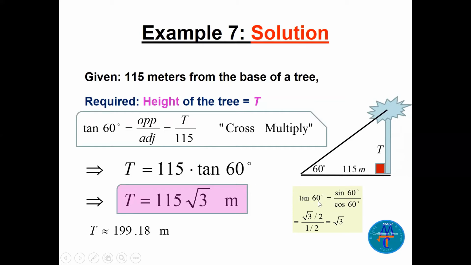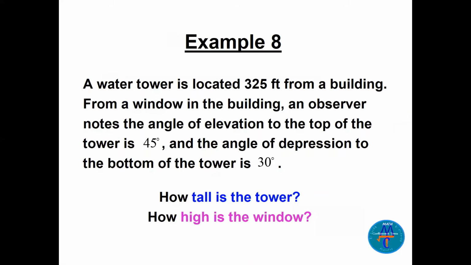Now tan 60 from the table, we know it's square root of 3. I put it here in detail, but you can just remember tan 60 is square root of 3. So I put here square root of 3 times 115 meters. I have to put the units. That's the answer there. Now, if you have a calculator, you can just multiply. You get 199.18 meters, approximately.